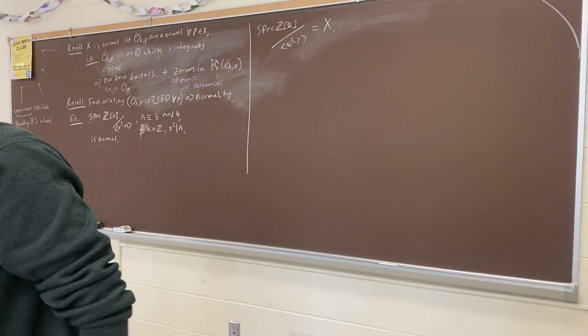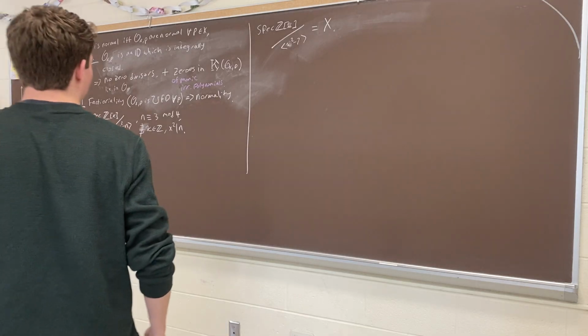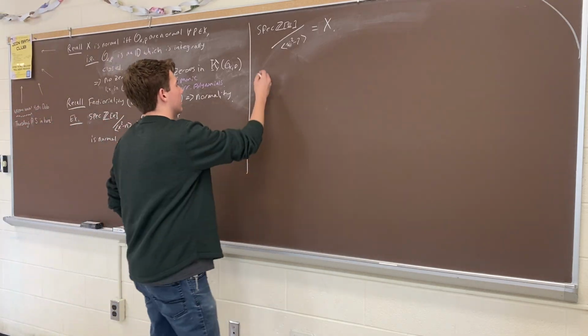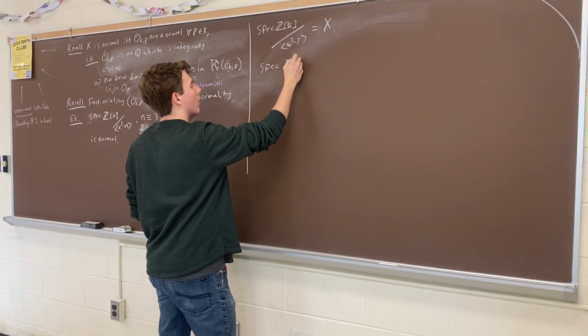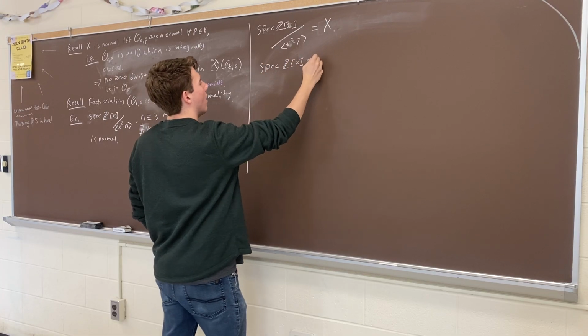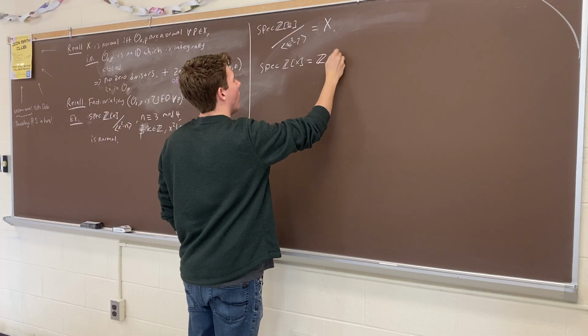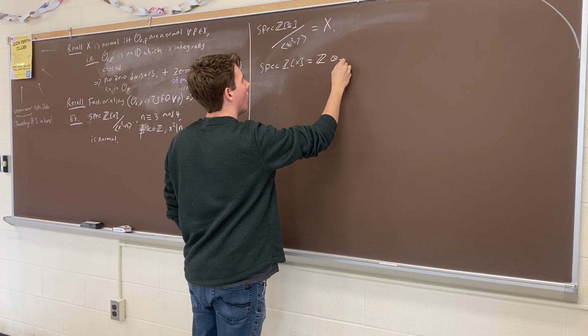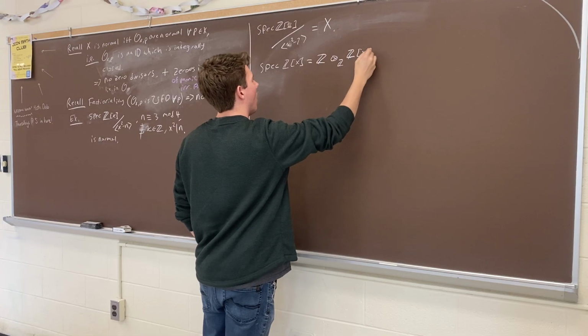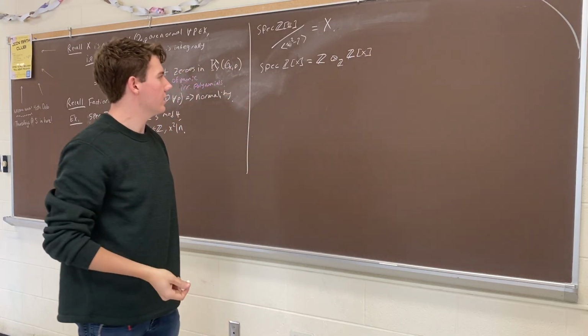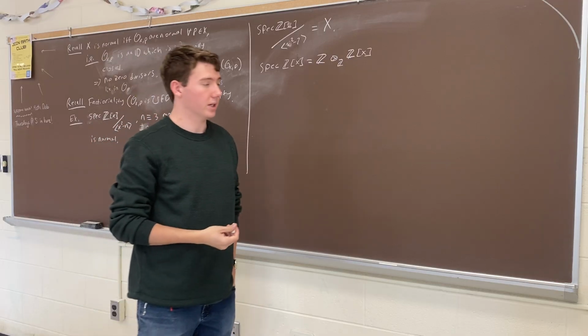Okay, so generally, Spec of the tensor product of Z[x] with Z[x]/(x² - 7).